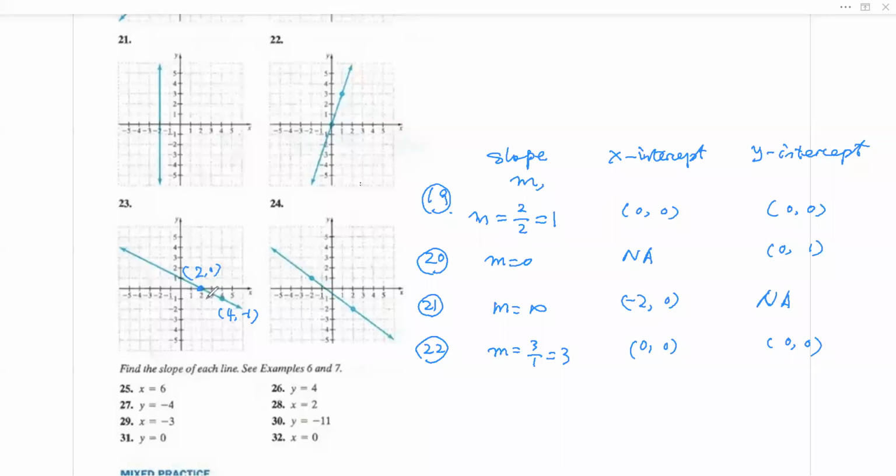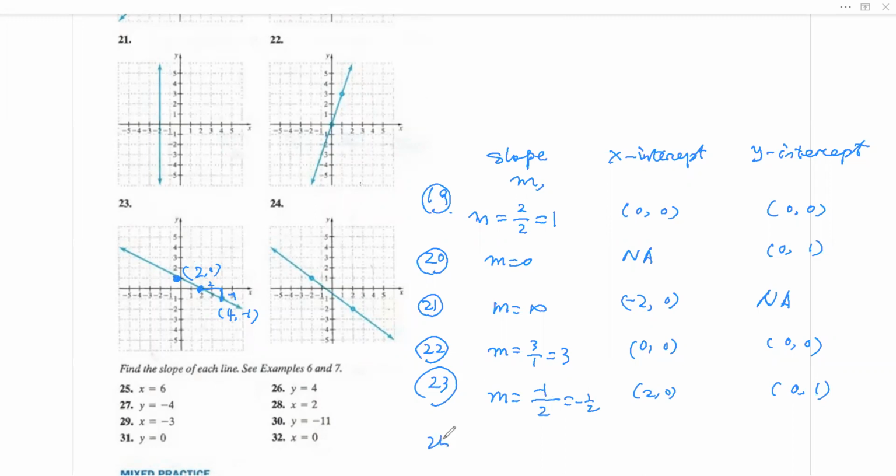So you can see they moved 2 units, and actually moved down 1 unit. So its slope is -1/2, right? So it's negative half. The x-intercept is right here, it's 2, 0, right? The y-intercept is 0, 1, right here.